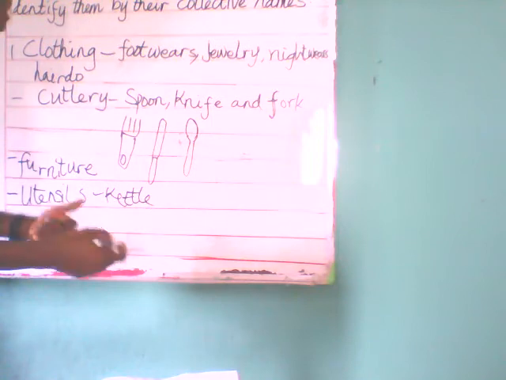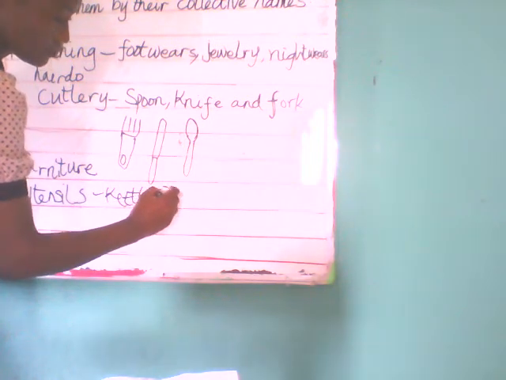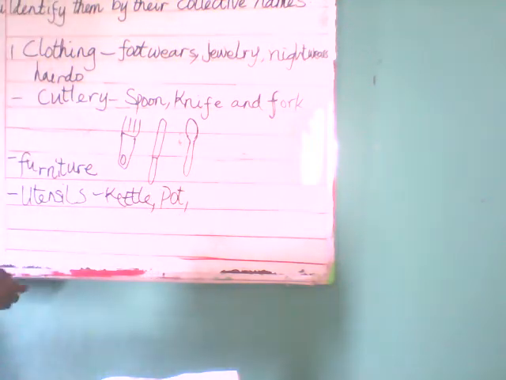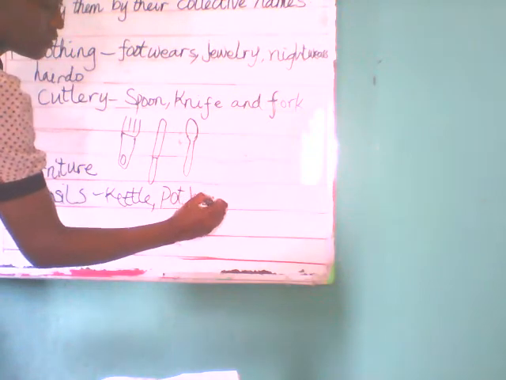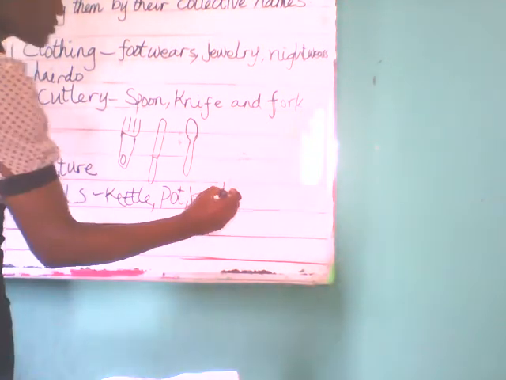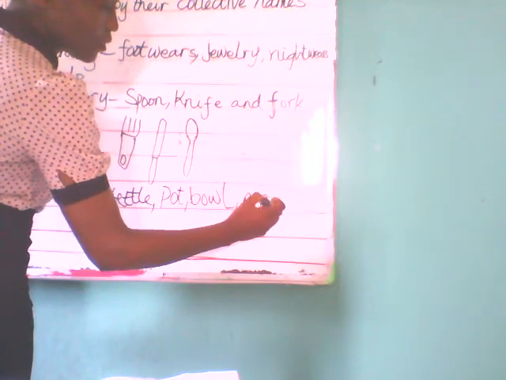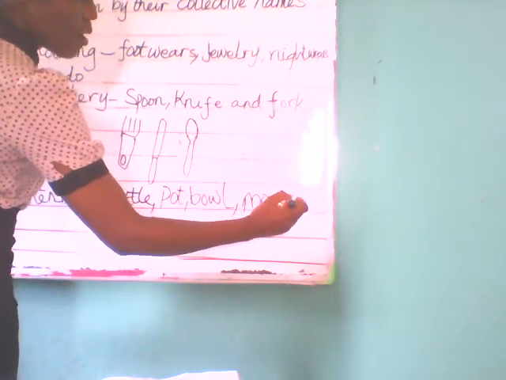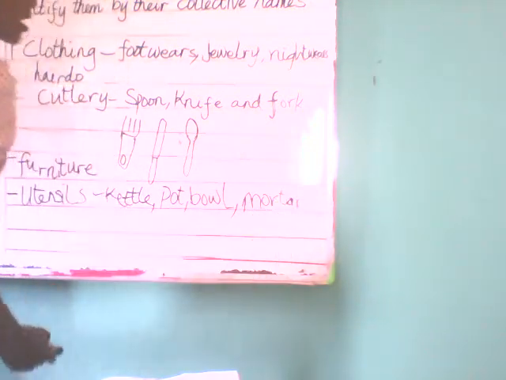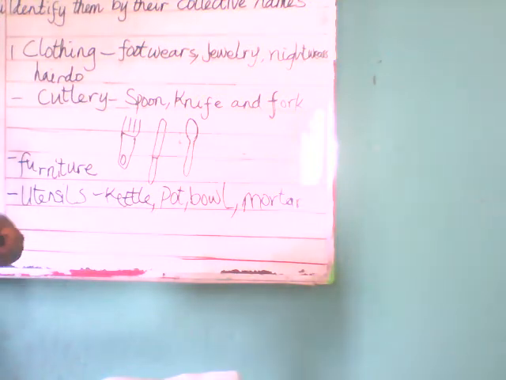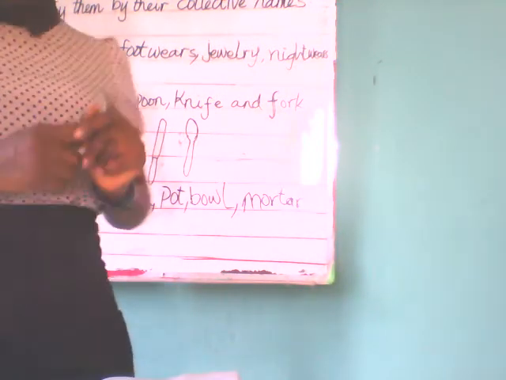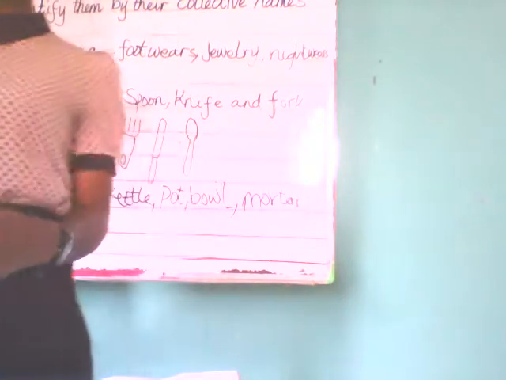You use them to cook. The pot, the bowl. Also, we have our mortar. But the mortar is made of wood. But we call them utensils because they are used in the kitchen. It can be found in the kitchen, because we use them in cooking.